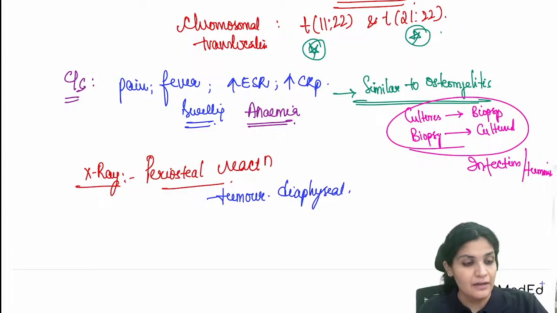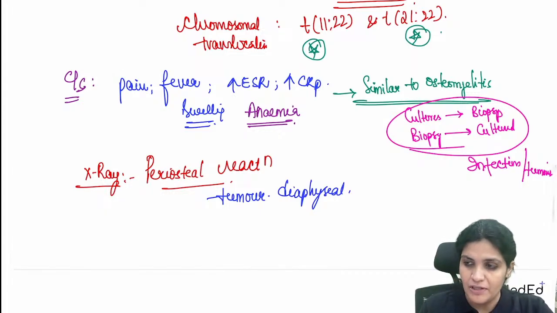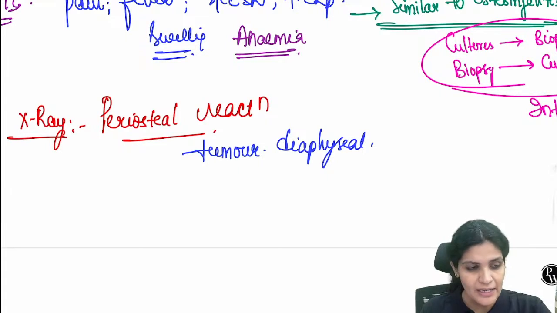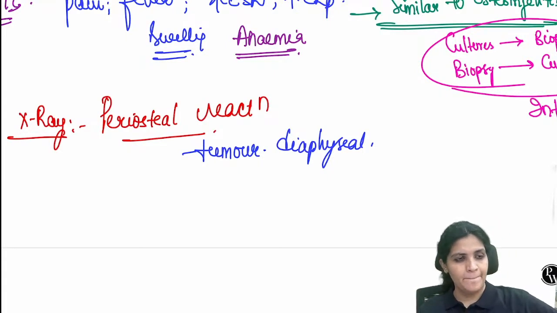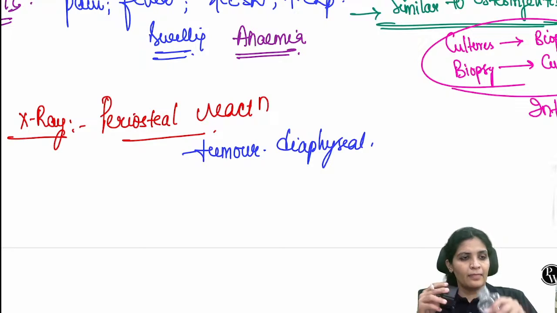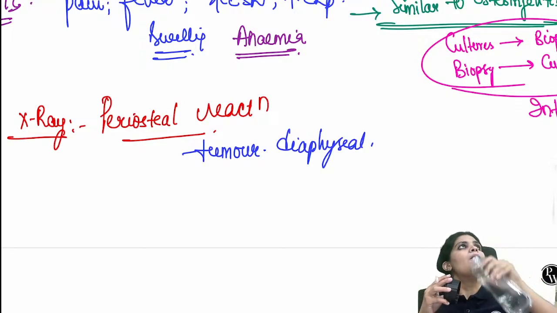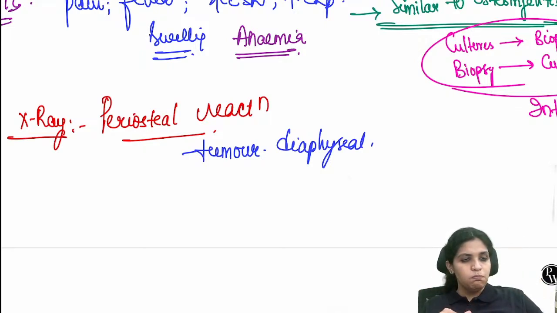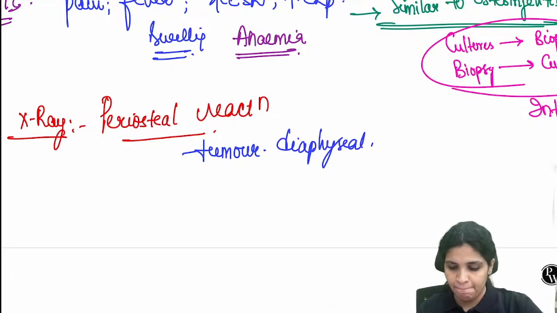And what is the peculiar periosteal reaction in case of Ewing sarcoma? What is this called?